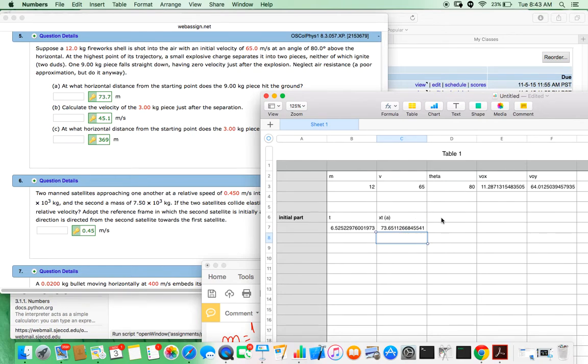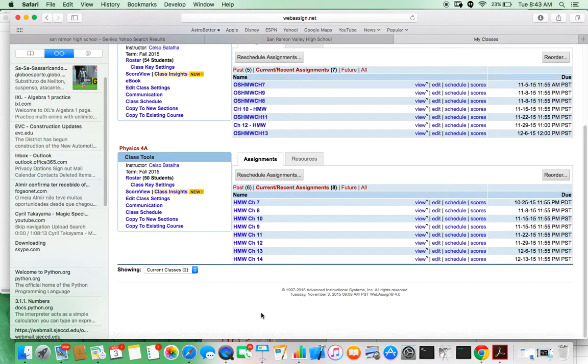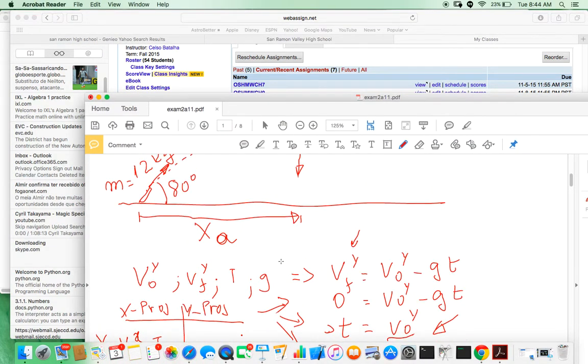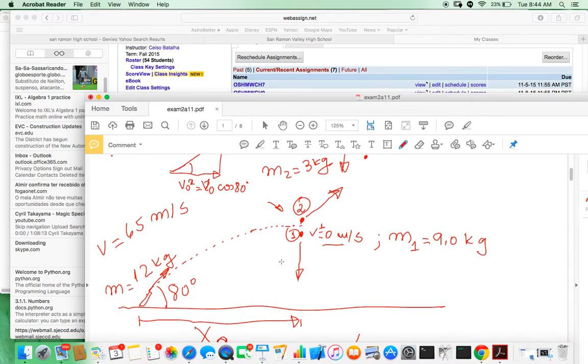Okay, so what else is being asked? Calculate the velocity of the 3 kilograms piece just after the separation. So now we have to go back to our work area and try to understand what happened as far as explosion is concerned. So this is the subject we are studying this chapter. There is an explosion.